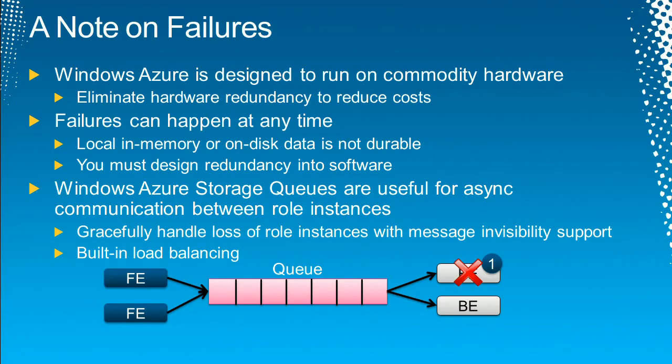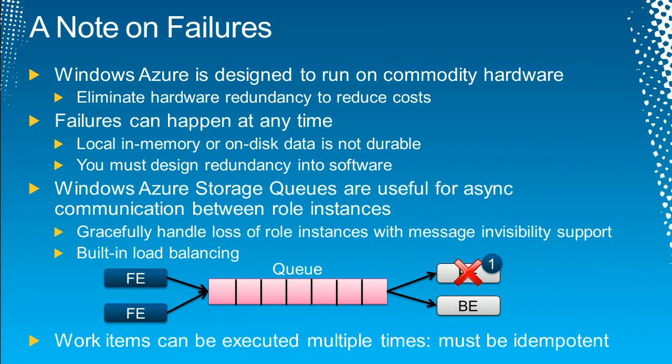You have to design your application in such a way that you can tolerate failures and repeats of the same operations. Specifically, your work items that you process need to be idempotent. If they're executed once, you get the same result as if they had been executed many times in a row. And that responsibility is on the programmer.